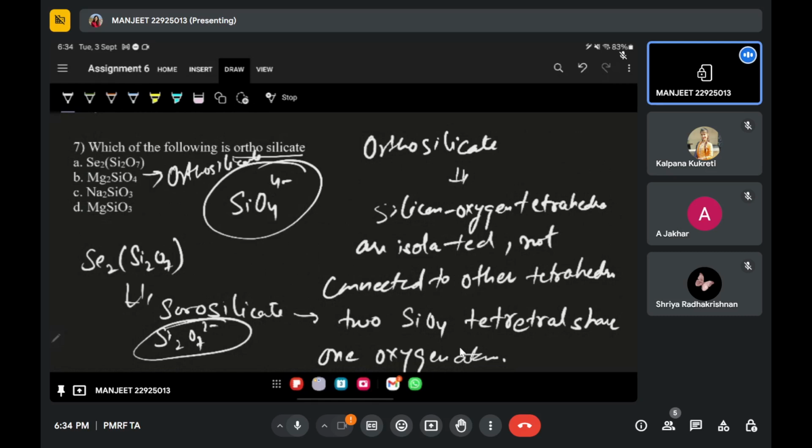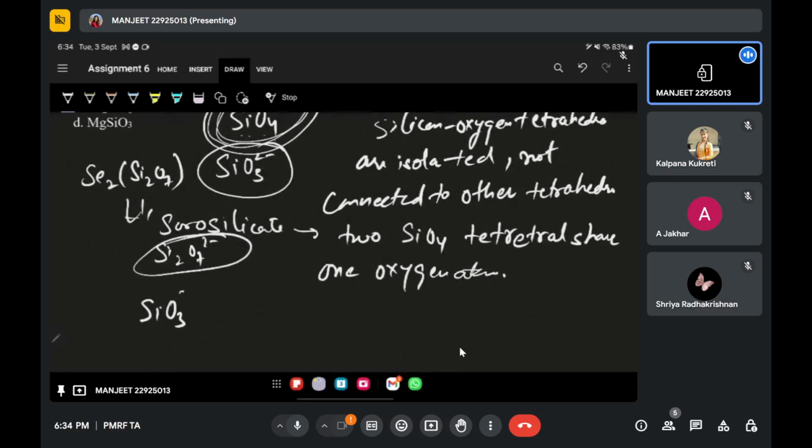In Na2SiO3, this is not the orthosilicate, because if this were the orthosilicate, it would have the silicate unit SiO4 4 negative, but in this we have the SiO3 2 negative. It means one oxygen is also shared here. These SiO3 2 negative are your metasilicates. We call these the metasilicates, and they are having the chain-like structure.